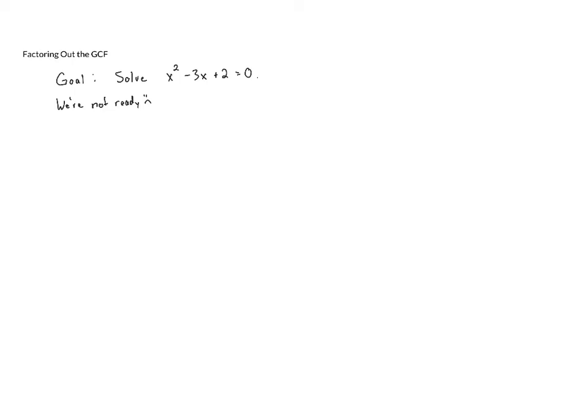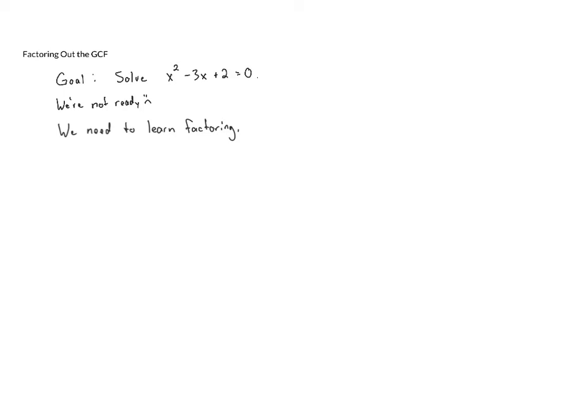You're not going to be able to get x alone on one side and solve it like x equals 3 or x equals 12 because of these two terms that can't be combined. So we need another tool, and that tool is going to end up being factoring. We need to learn factoring.